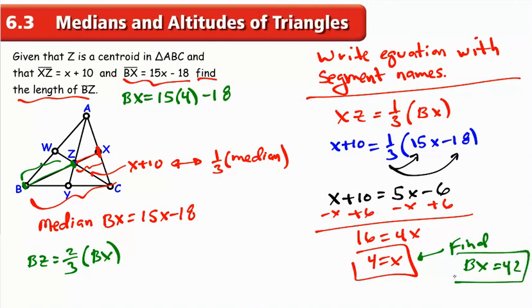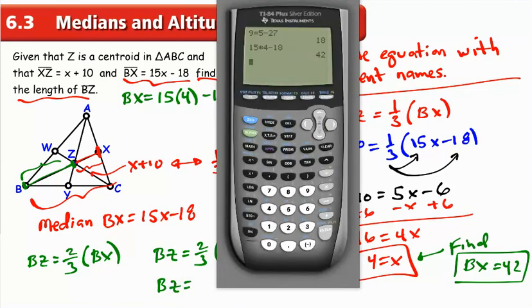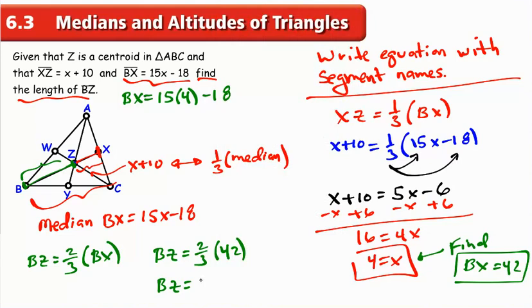So if BX is 42, then BZ is equal to 2/3 of 42. Two divided by 3 times 42 gives us 28. And there is our answer for BZ.